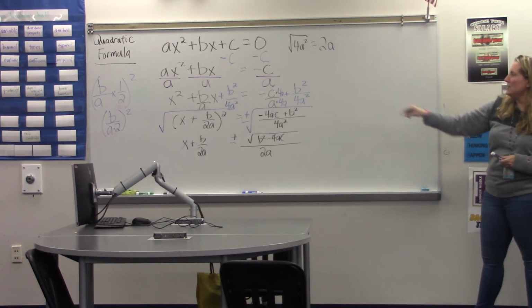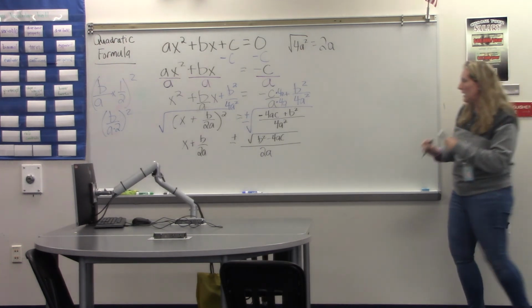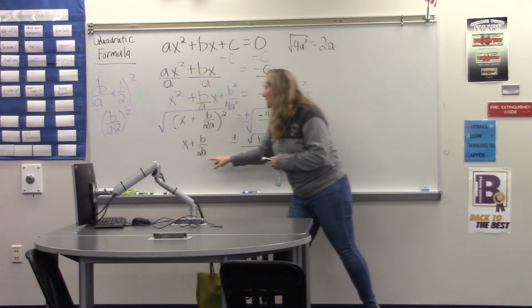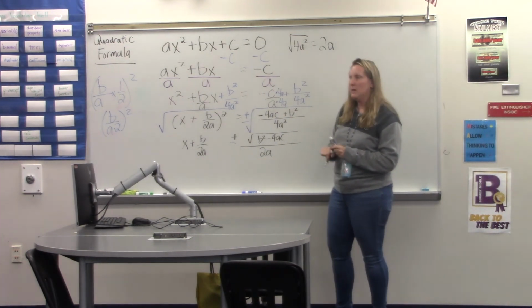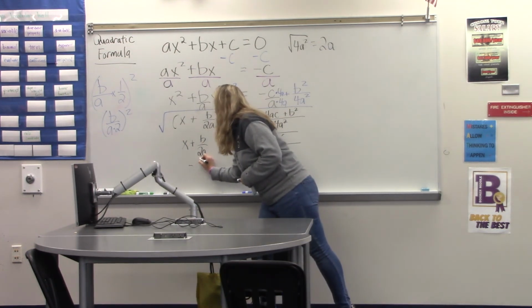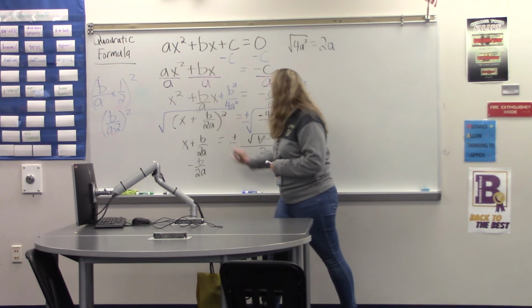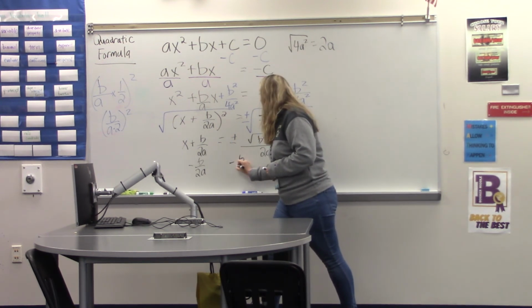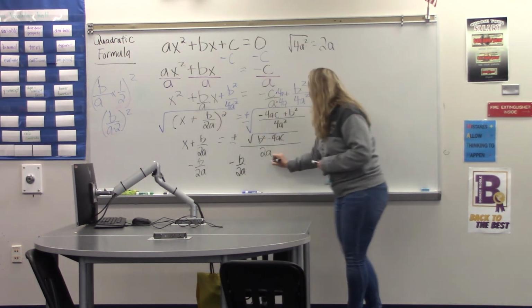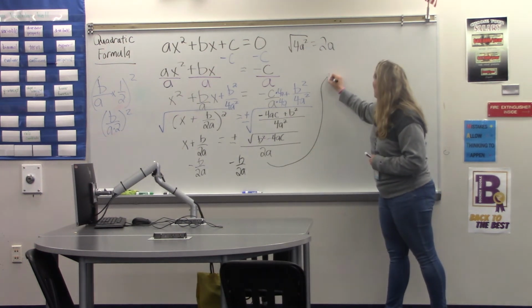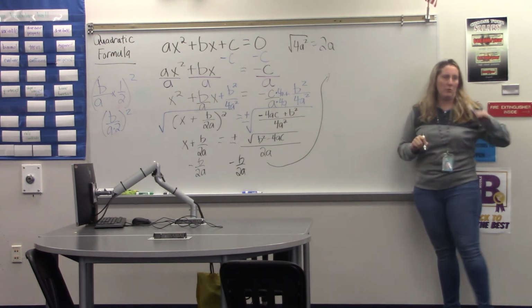So now all I've got to do to isolate x, to solve for x, is what? Subtract b over 2a. Are you with me? Yeah. So I'm going to subtract b over 2a from both sides of the equal sign. And then I'm going to move my answer up here because this is going to be your quadratic formula.